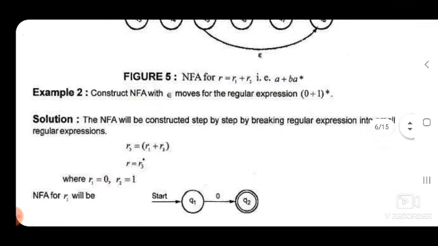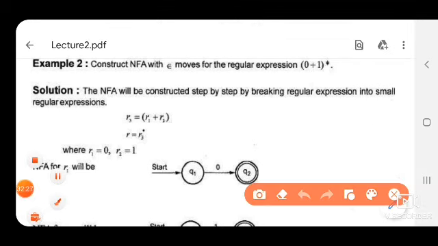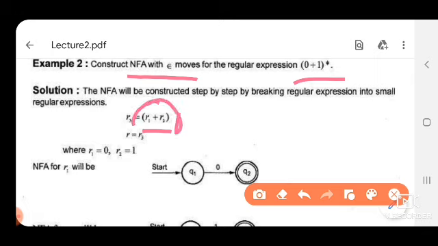Let us take another example. How to draw an NFA with null moves for the regular expression 0 plus 1 asterisk. This case can be understood like that: R1 plus R2, where R1 is 0 and R2 is 1, and then the asterisk over R1 plus R2. First we have to draw an NFA for 0.